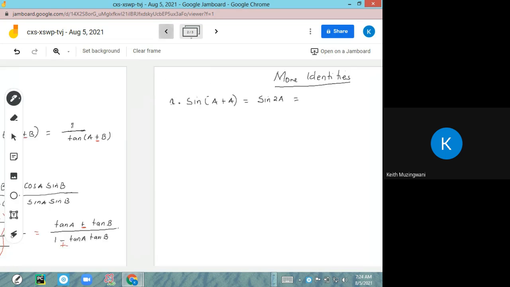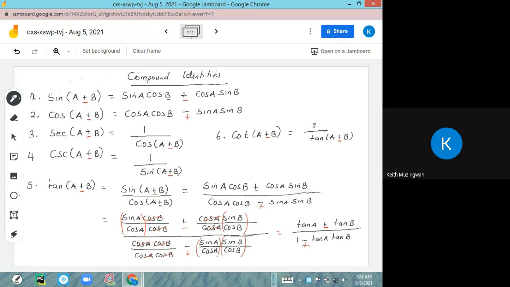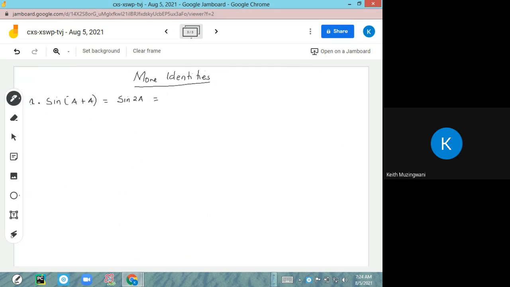When you expand this, there will be A here, there will be A there. So we have same things. This is going to be sin A cos A plus cos A sin A. Nothing has changed. This means that sin 2A is actually equal to 2 sin A cos A. Take note of that.